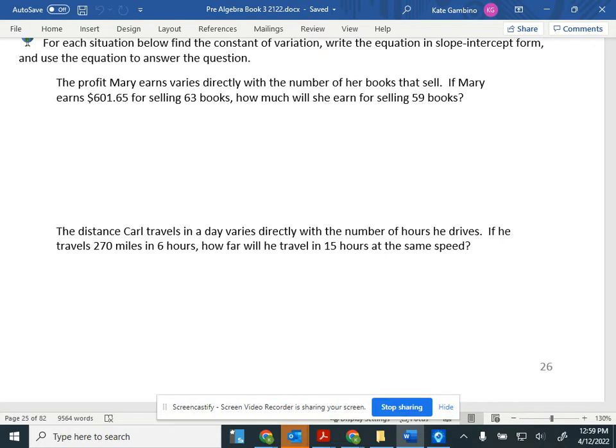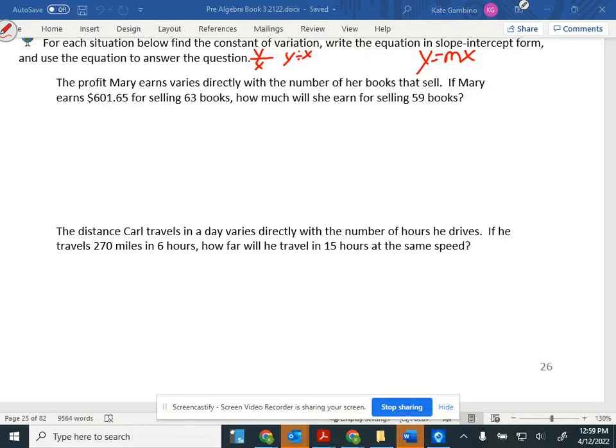For each situation below, find the constant of variation. How do I find the constant of variation? Y over X, Y divided by X, same thing. Then I'm going to write the equation in the slope-intercept form. What does that look like? Y equals mx.